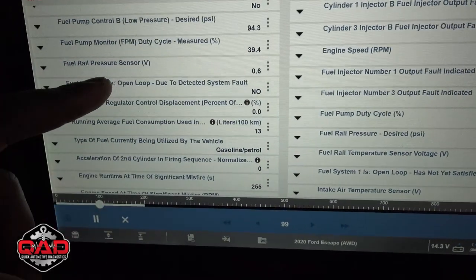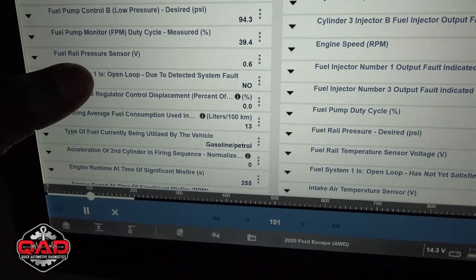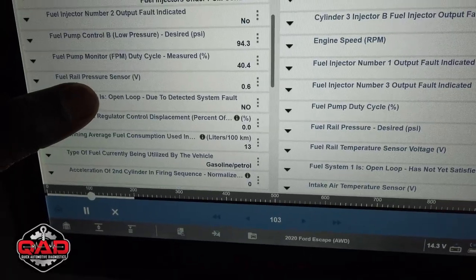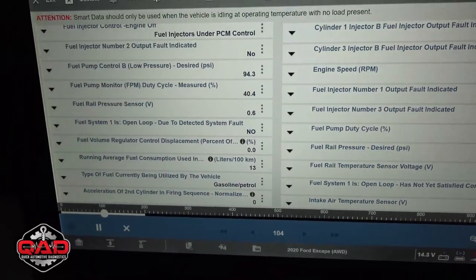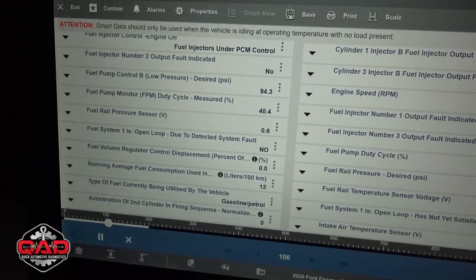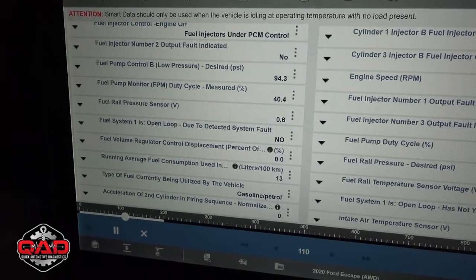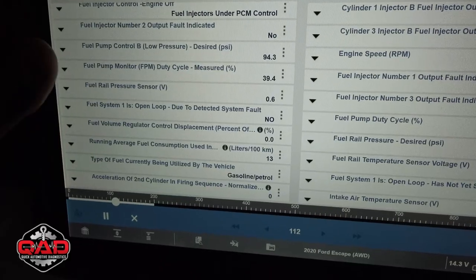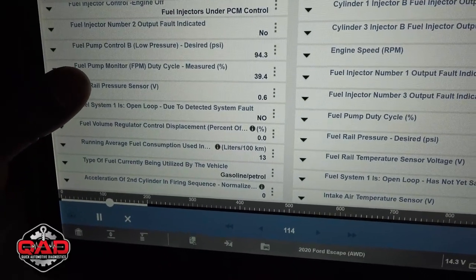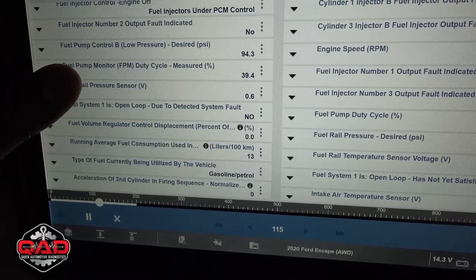That's interesting. Fuel pump control B, low pressure desired is 94. Fuel pump monitoring duty cycle is 39%.